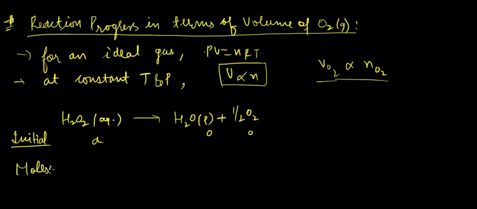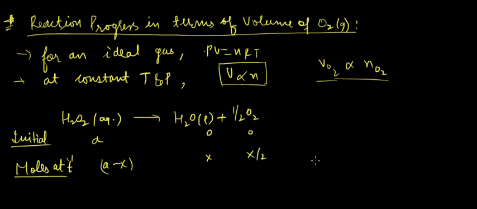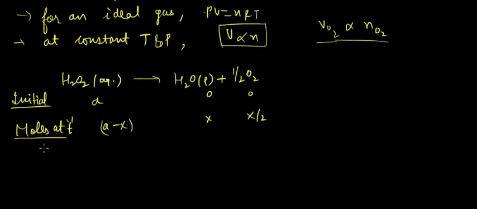Now moles after time t can be written as A minus X, and X and X by 2 are formed, and moles at infinity, or after a long time, can be written as 0 here, and A by 2 here.